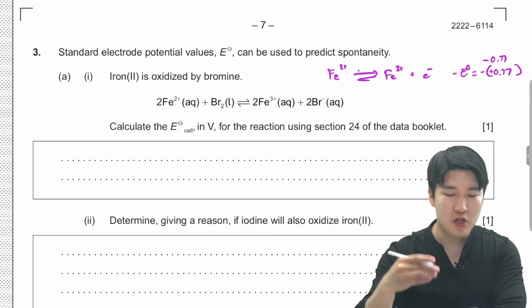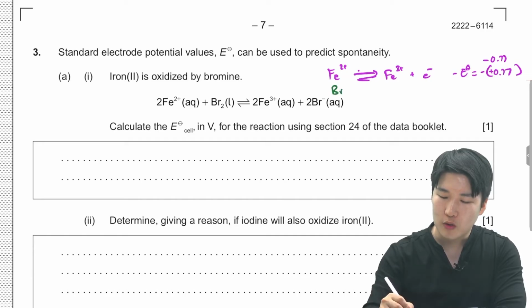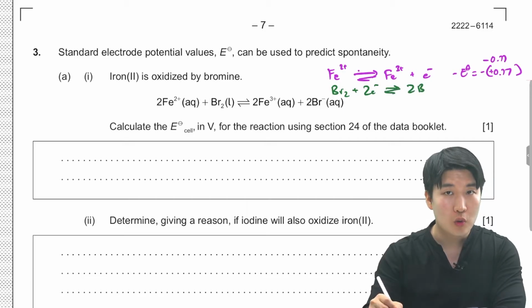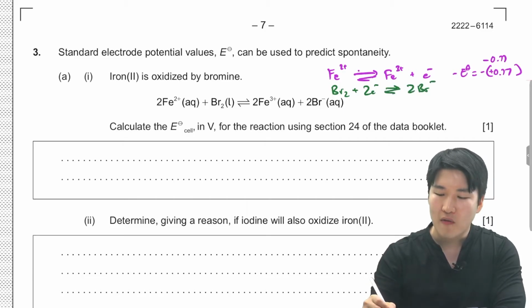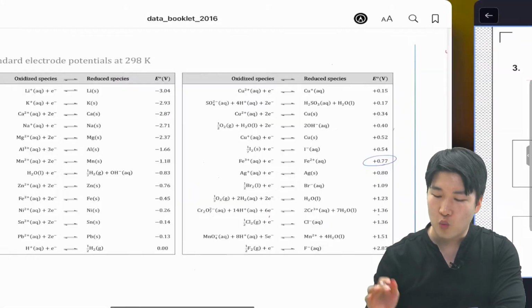Who's going to be in the reduction half equation? It would be the bromine. Bromine is going to be reduced, Br2, gaining 2 electrons to become 2 Br minuses, with a reduction potential of what value?